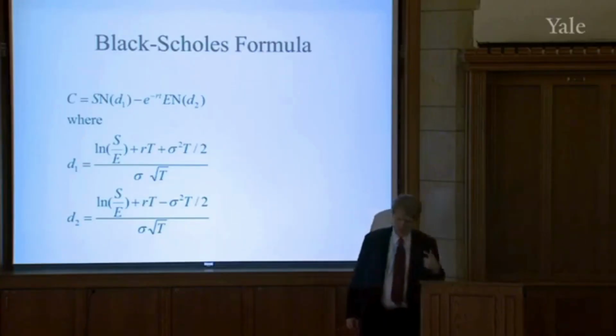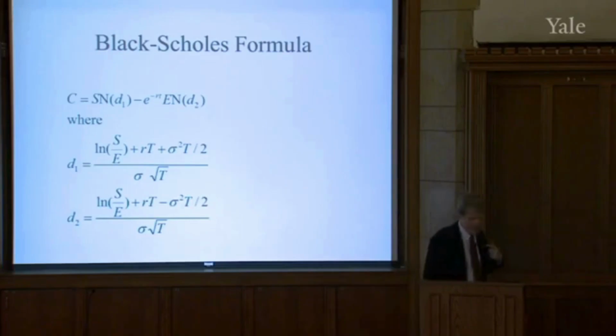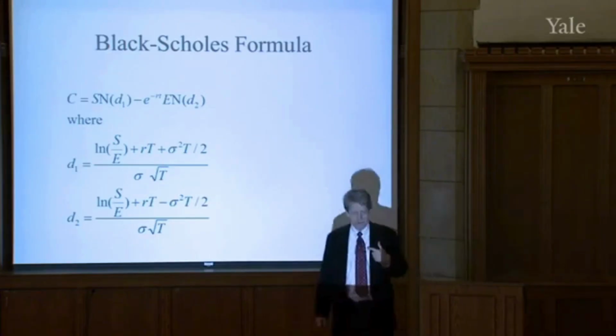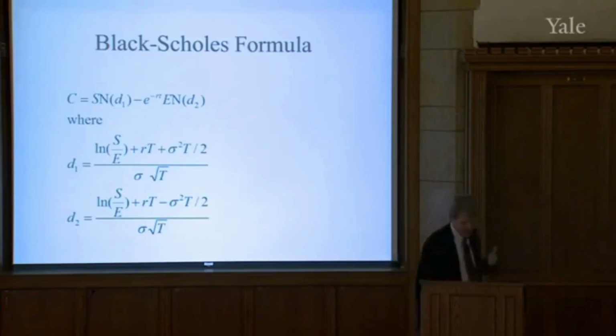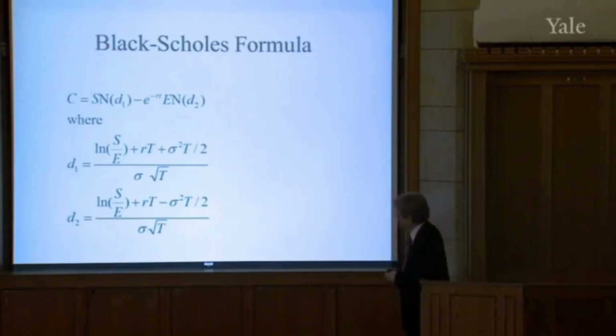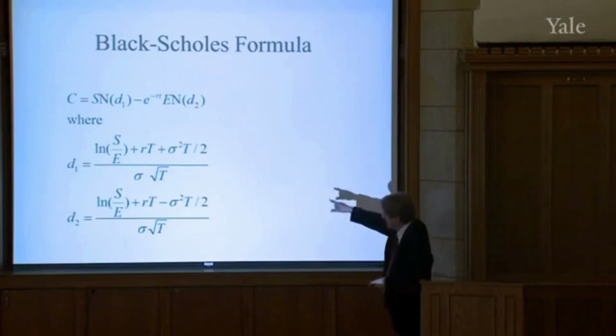So when call option prices are high, why is that? Why are they high relative to other times? Well, it must be that people think, going back to the old interpretation, that the probability of exercise is high. If an out-of-the-money call is valuable, it must be people think that sigma is high. So let's actually solve for how high that is. I can't actually solve this equation; I have to do it numerically.